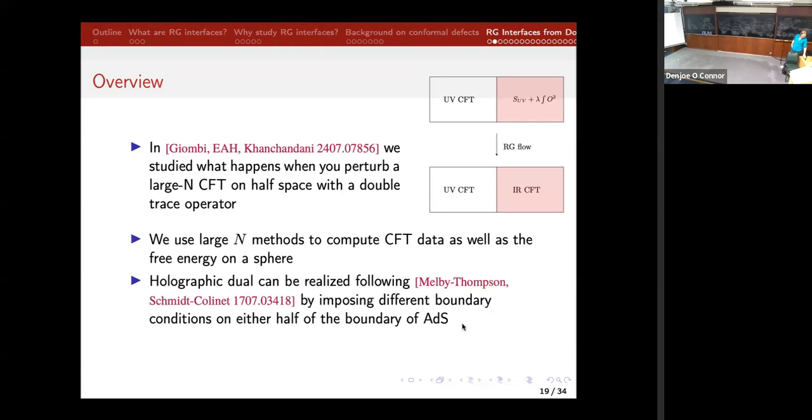When you use large N here, you're referring to ON? Oh yes, as a vector? Yes. No, it must be a matrix because it's double trace. No, it's a vector, but actually it's not just referring to ON.